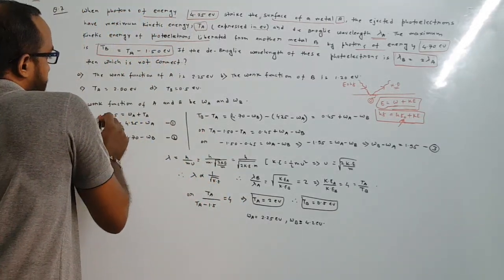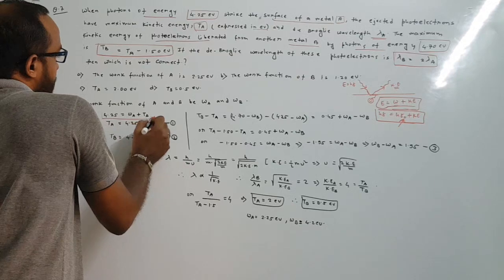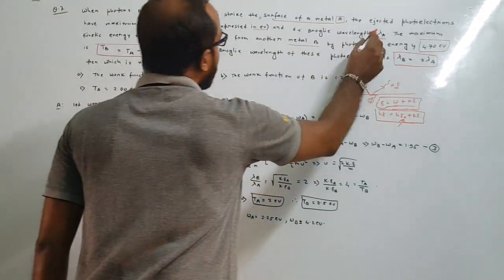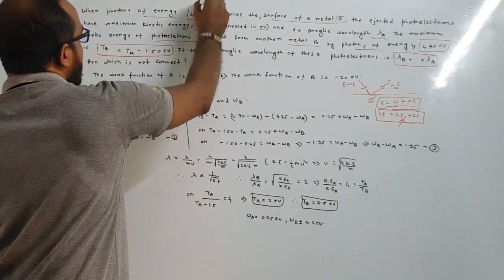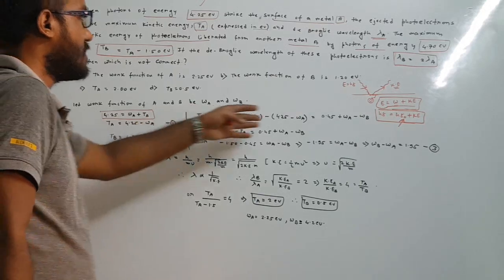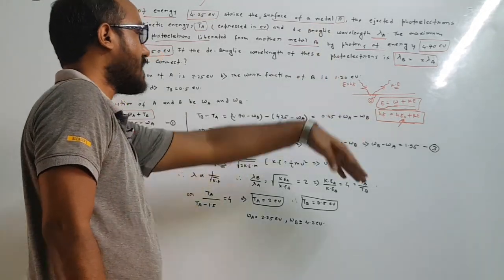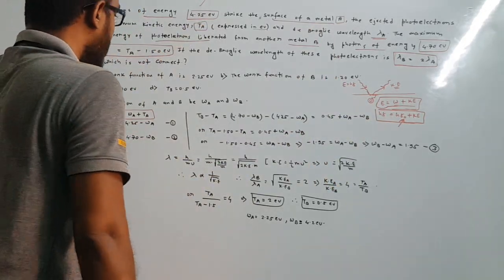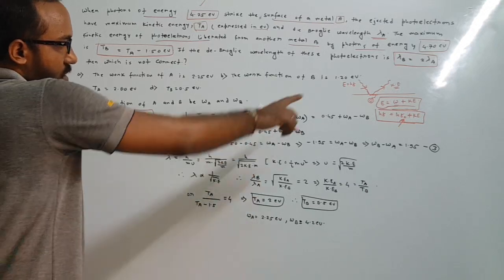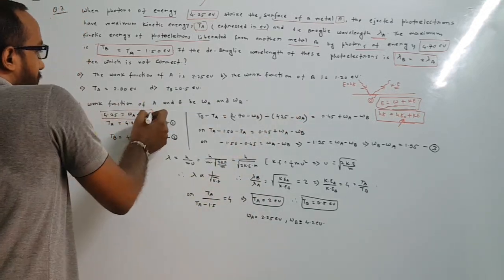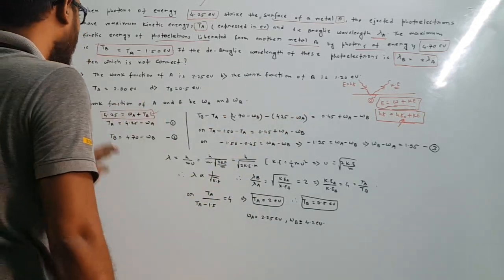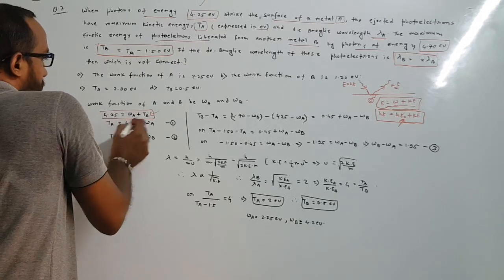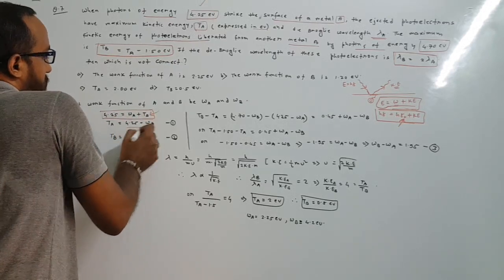So from this we can say that for the metal surface A, the energy which is coming is 4.25 electron volt. That must equal our work function plus kinetic energy. Here kinetic energy is represented as TA. Now TA should be 4.25 minus WA.